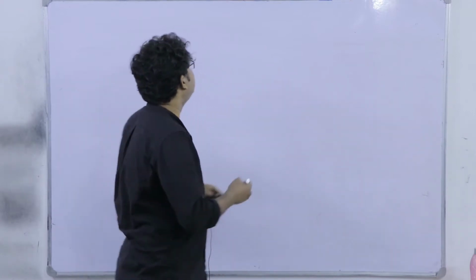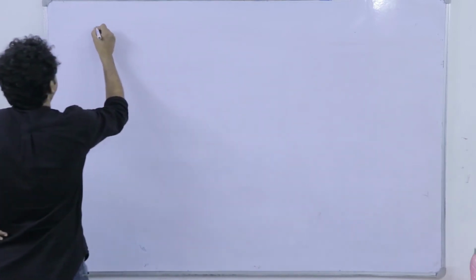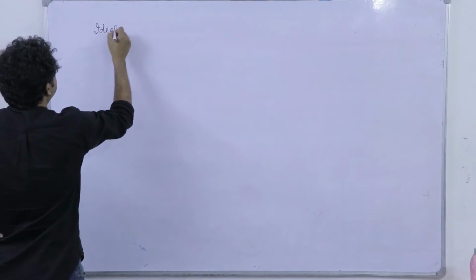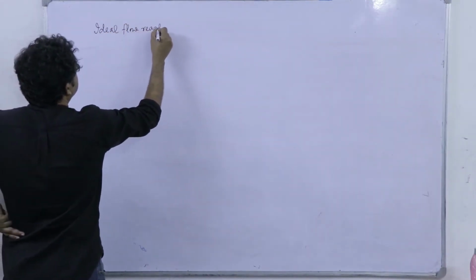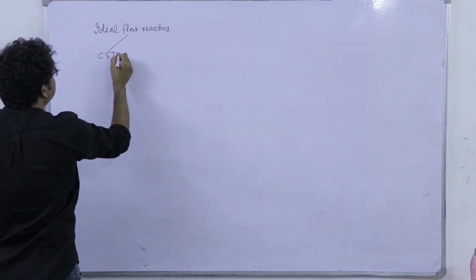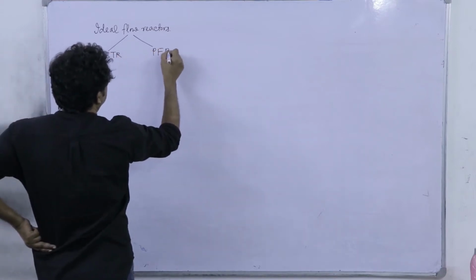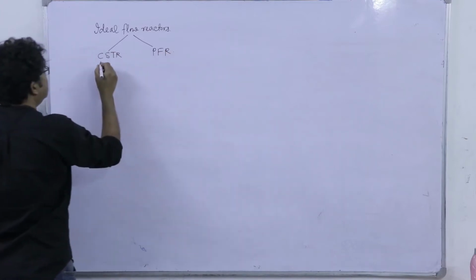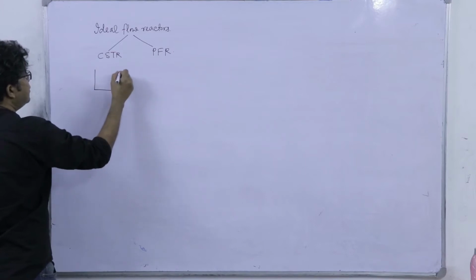Think that we have defined two ideal flow reactors. One is CSTR, that is a continuous stirred tank reactor. Another is a PFR, plug flow reactor. In the continuous stirred tank reactor, what happens?